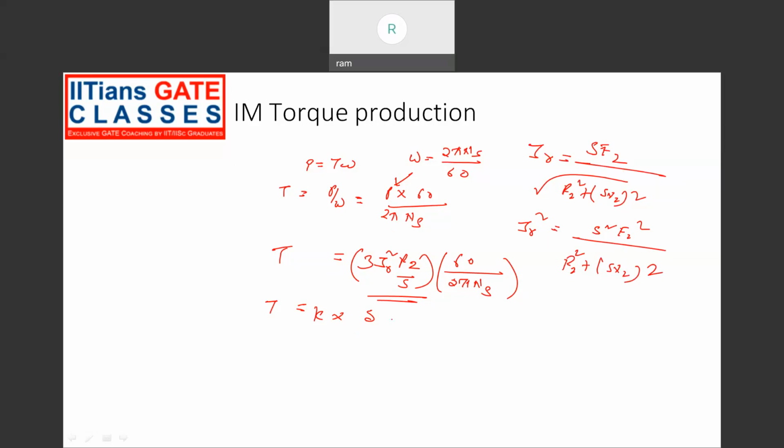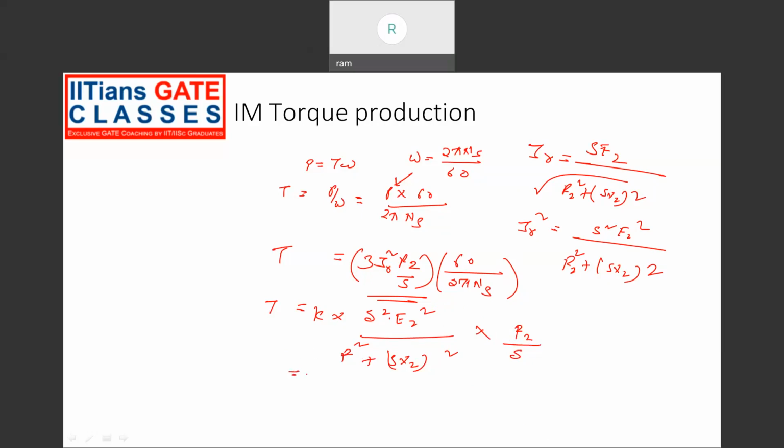Then we have one more term, R2 by S, and the remaining are all constants.